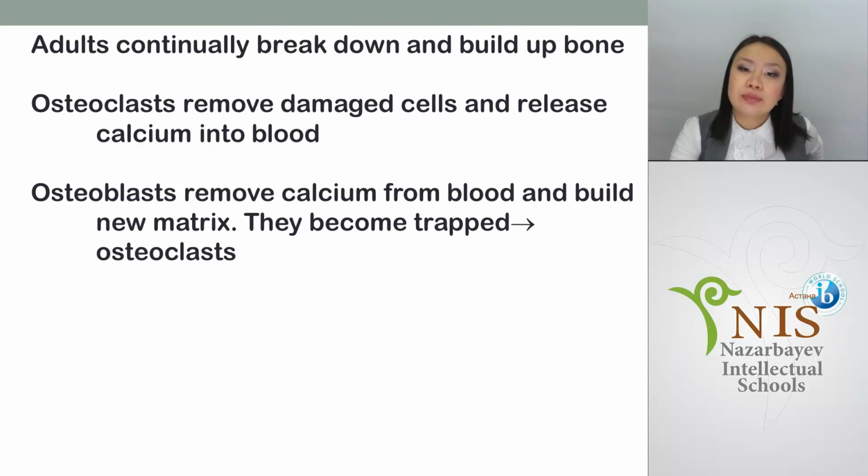Adults continually break down and build up bone. Osteoclasts remove damaged cells and release calcium into blood. Yeah, osteoclasts, very good information. For example, pregnant women should have a special diet, which should be rich with calcium.